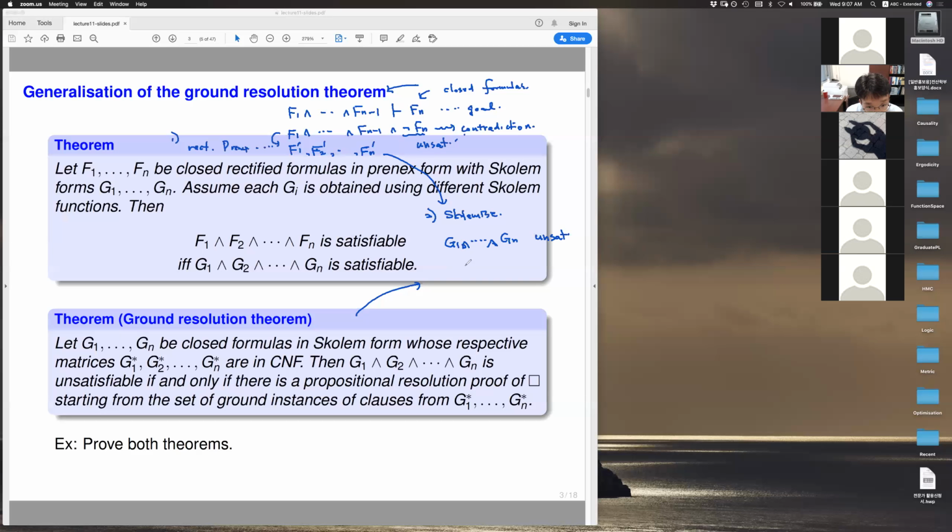Or you can do what you learned in one of the exercises or lectures, which preserves satisfiability. So you can change it into a formula where you have a bunch of universal quantifiers followed by maybe G star 1.